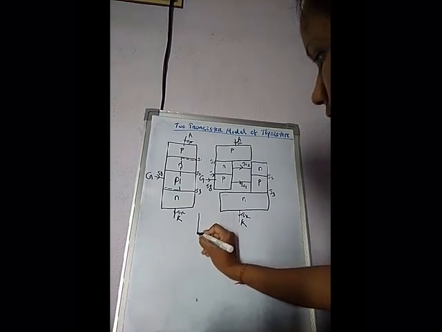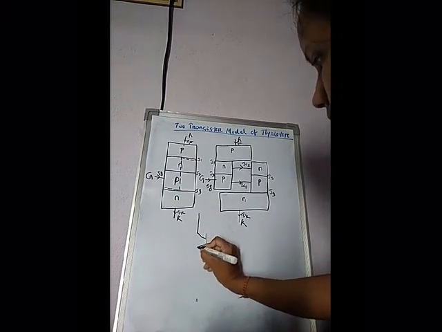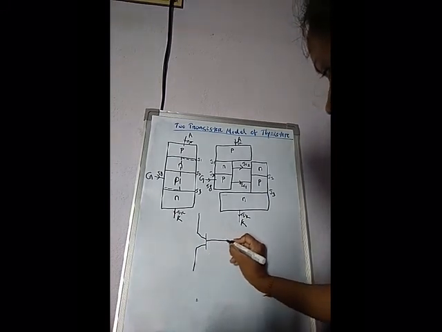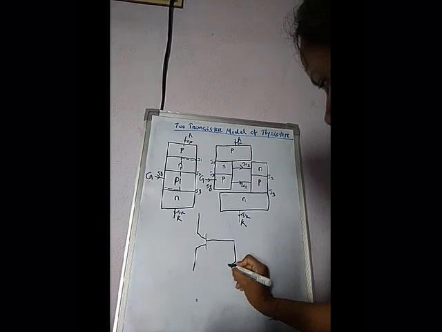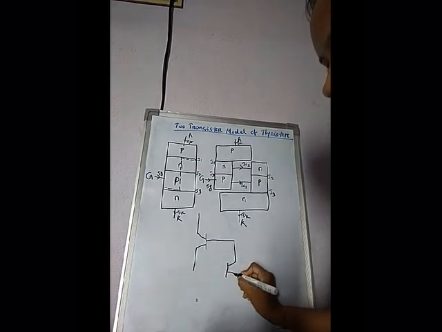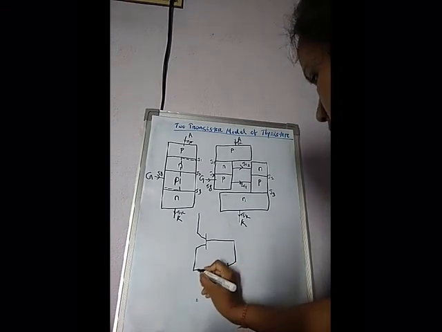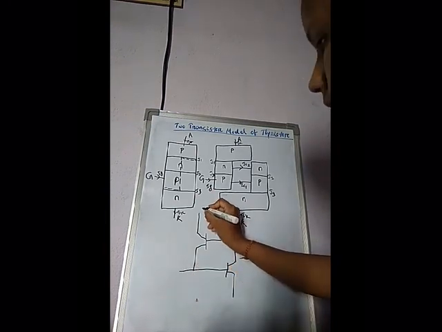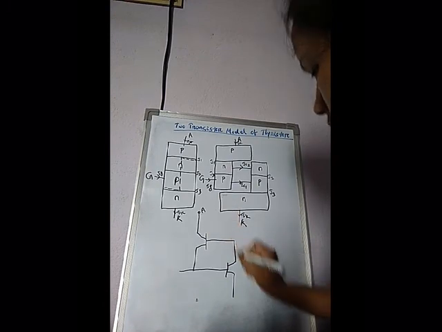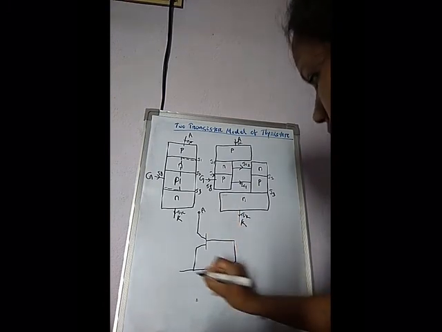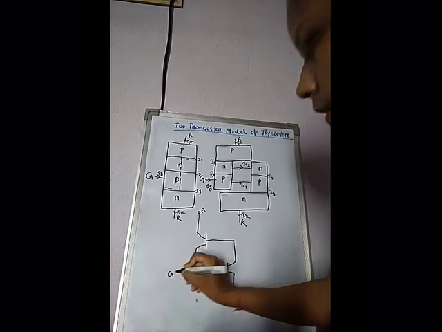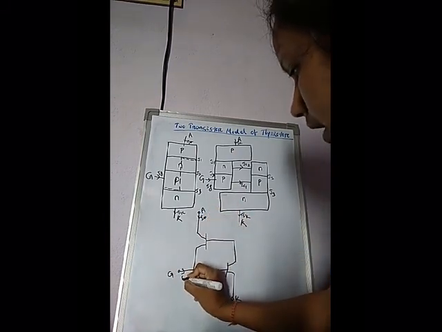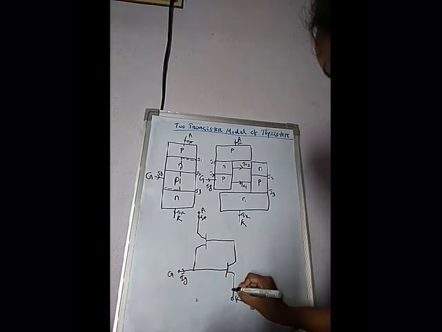I will draw here. Anode, cathode, gate. This is IA, this is IG, this is IK.